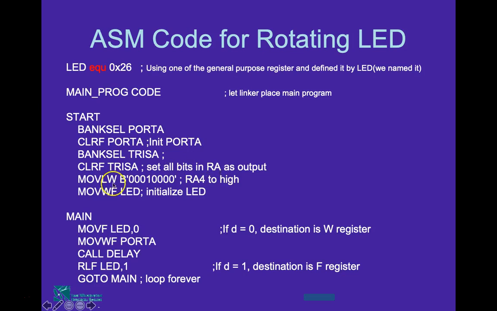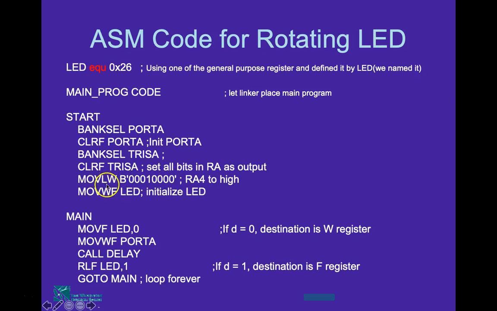Okay. And in case you want to make just one bit your output, then you have to specify which bit you want to be output. But we are generally making all of the bits as outputs, and that's why we have used this instruction, TRIS clear F TRIS A. And the next step is move LW, moving this literal number, this hexadecimal number, into the working register.